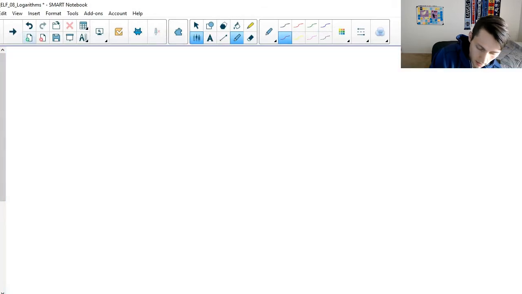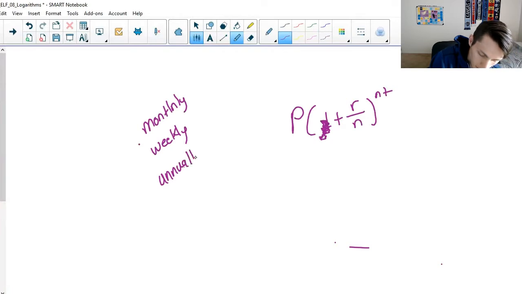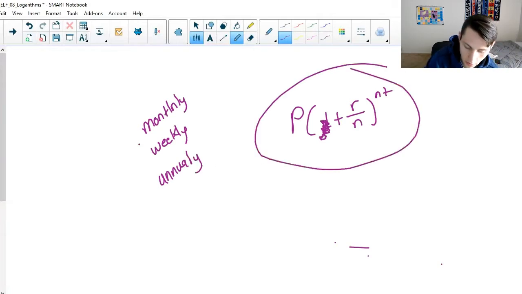Now, if we talk about compounding monthly, or it says it compounds weekly or annually or whatever, then we would use this formula.